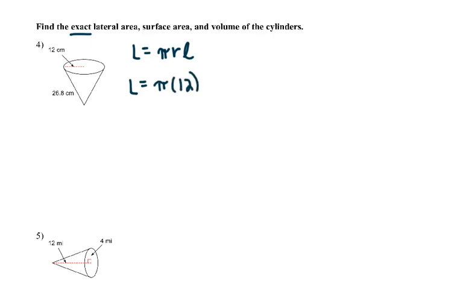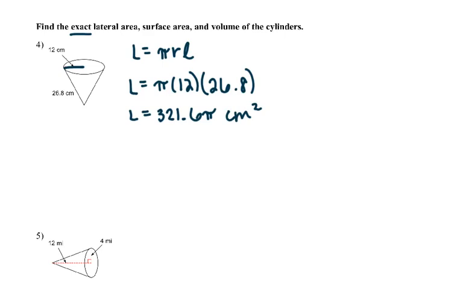One thing you do want to be careful of is whether they're giving a radius versus a diameter. You might have to divide your diameter in half. Times the slant height, which is given, so that's 26.8. All right, so 12 times 26.8 is 321.6, and I wanted exact, so times pi, and we are in centimeters, so square centimeters.